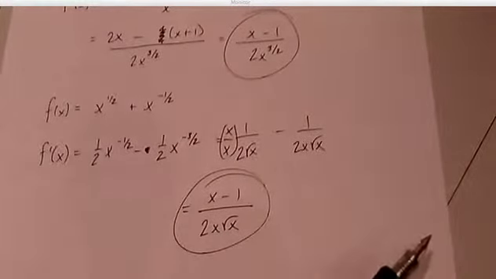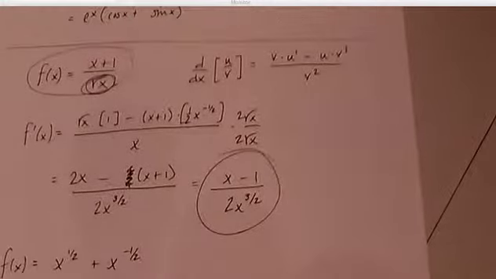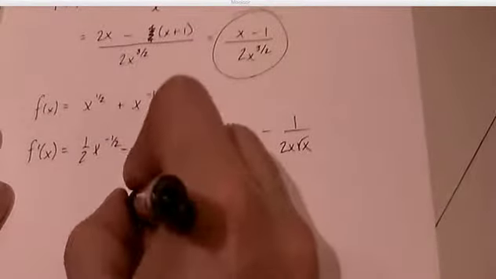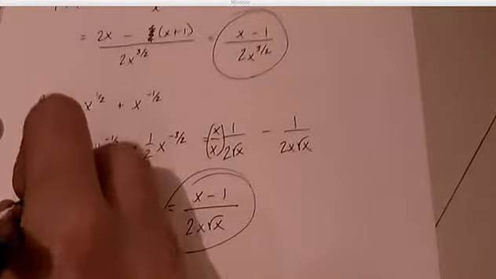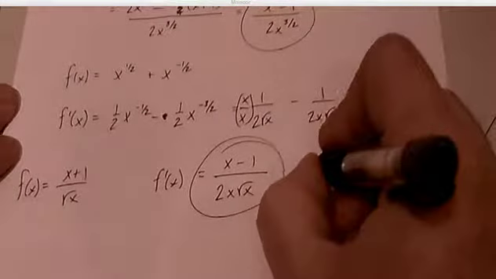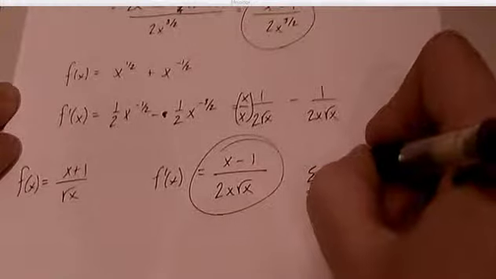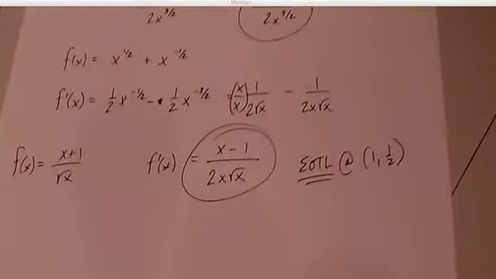Now, let's say I wanted, and remember, this is the derivative right here. This is f prime of x, and the original was f of x, x plus 1 over root x. Let's suppose I was asked for the equation of the tangent line at 1, 1/2.